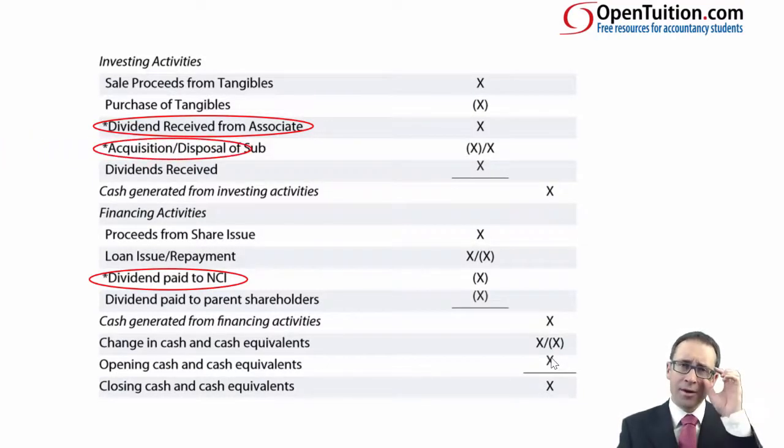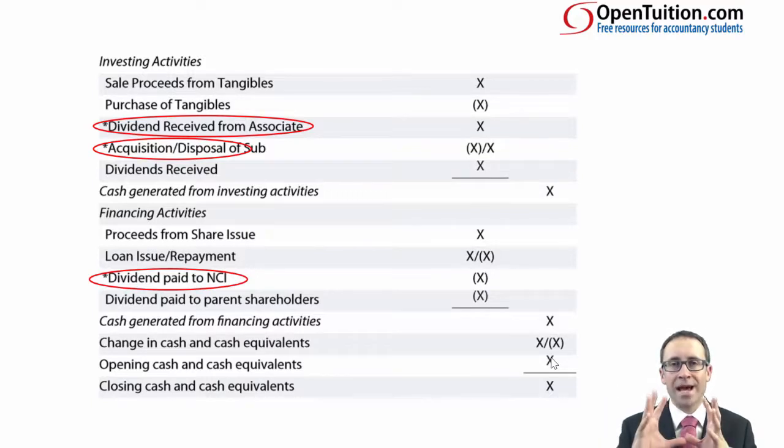And then you have the acquisition or the disposal of a subsidiary. If you have the acquisition of a sub, you have paid to bring the sub into your group, so there's a big cash outflow. If you've disposed of a subsidiary and got rid of it, there's going to be a nice big cash inflow as you get the sales proceeds on disposal. Okay, so there's the three main aspects that we've spoken about already.